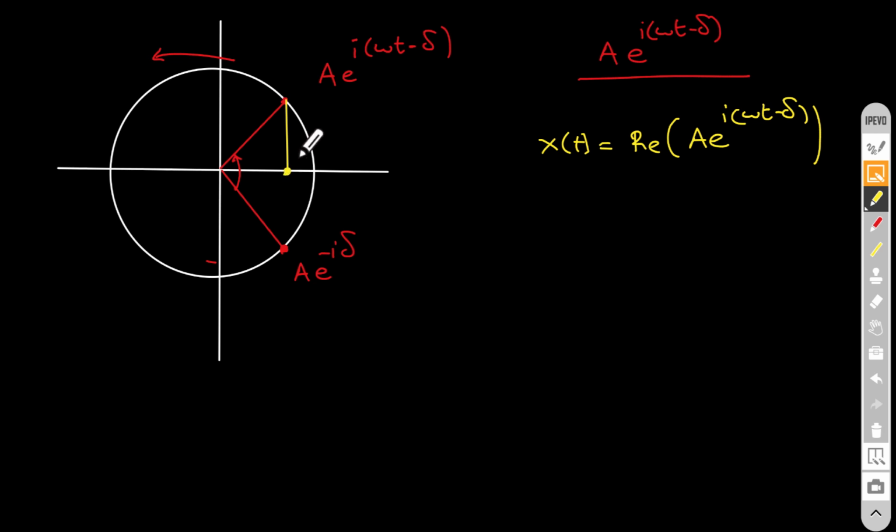So when I have the red point moving on the circle, the projection of this red point on the horizontal axis is x of t. This yellow dot moves back and forth on the horizontal axis, and the motion that it does is simple harmonic motion.